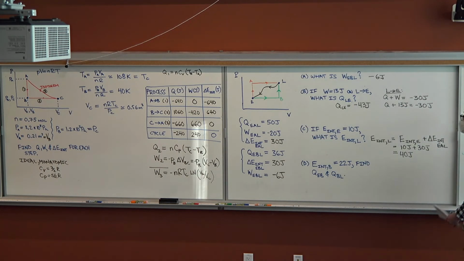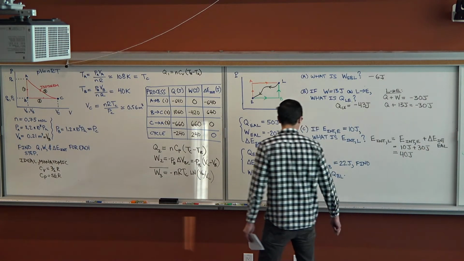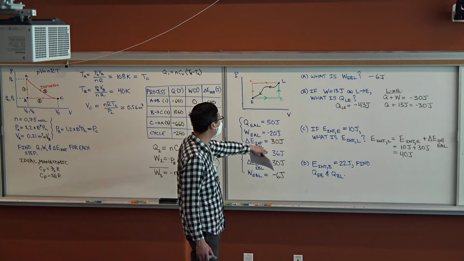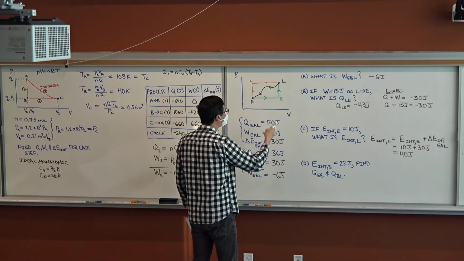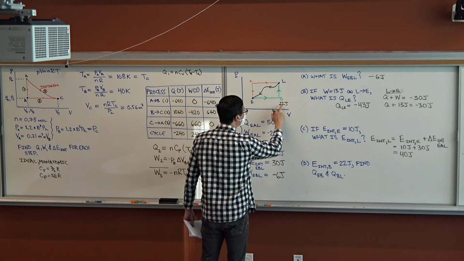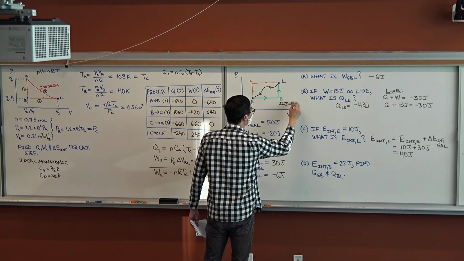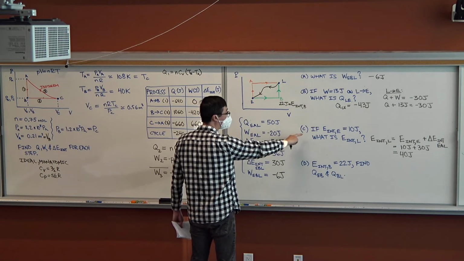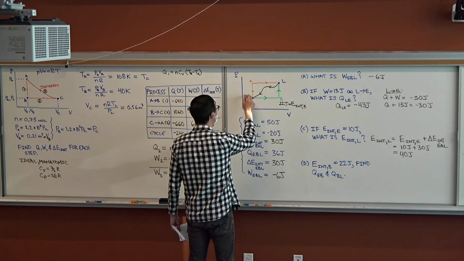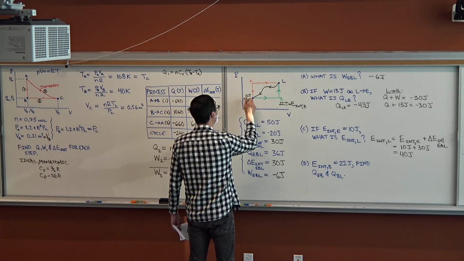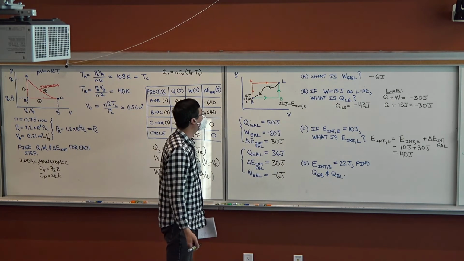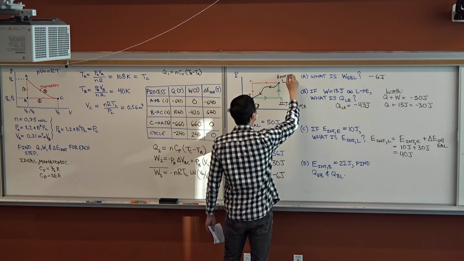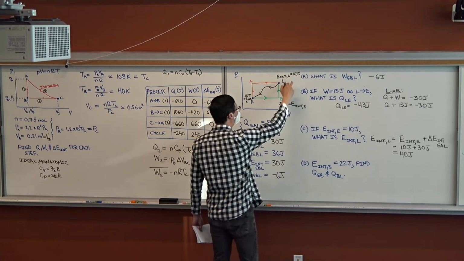All right, then lastly, if we are given that E internal at B is 22 joules, and we are asked then to find Q from E to B and Q from B to L. So if this is E internal at B, and we were at 10, and ultimately we need to wind up at 40.